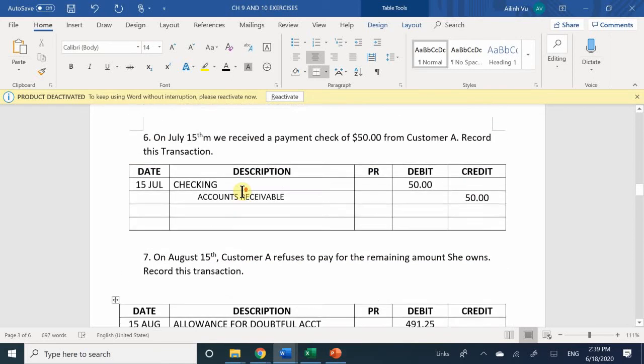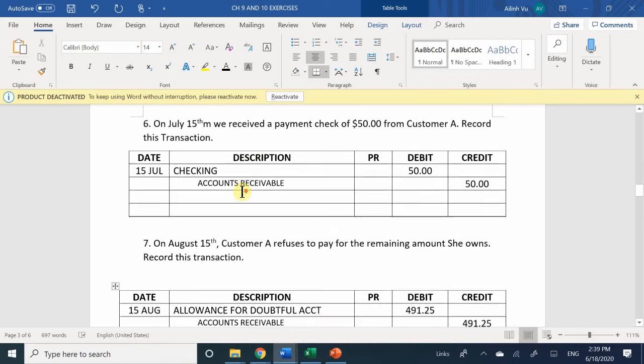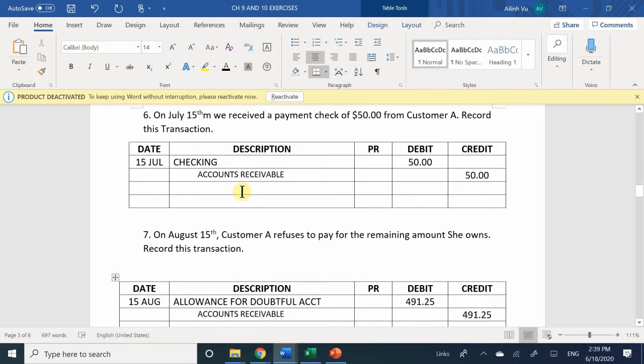Because what we can do is we can say, for whatever she actually paid for, we can separate it that way. But this is the total amount that she owes us, so it does include sales tax.